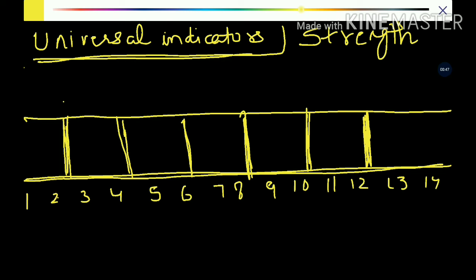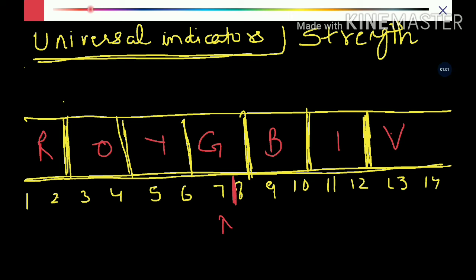Now let us start writing the colors over here. Start with VIBGYOR. Now 7 on the scale is neutral.